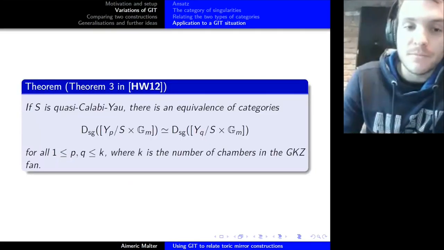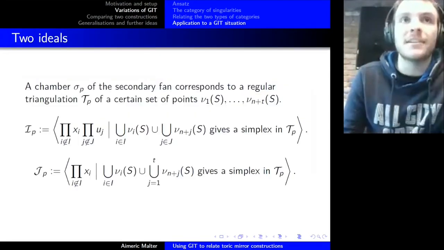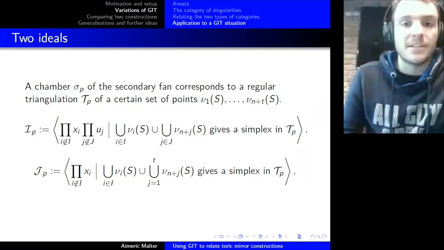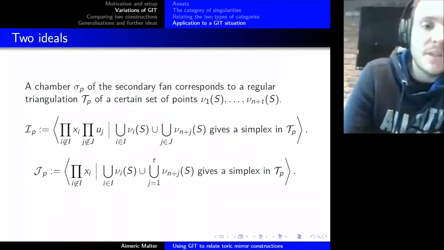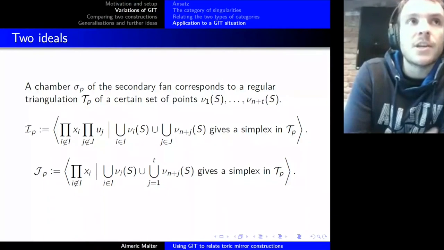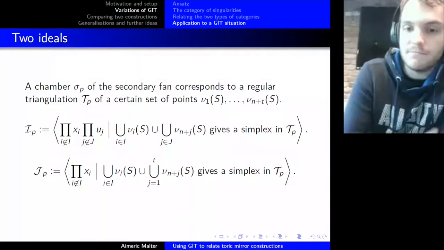So to make this a little bit more applicable, because we want something handheld, really a result that we can use, that we don't need to check more abstract conditions. We want something we can check algebraically. So for each chamber in the secondary fan, we know by basic toric geometry, I think it's chapter 14 or 15 of Cox-Little-Schenck, that it corresponds to a regular triangulation of a certain set of points, just nu1 to nu(n) plus t.